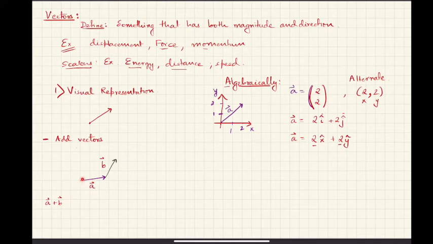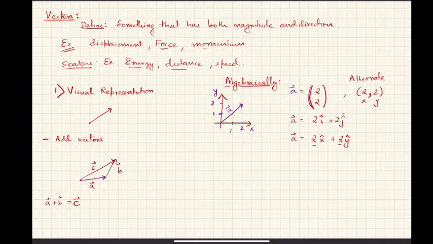So that's my starting point and that's my ending point. And so let me just move this away. And so the final vector is going to look like that. Okay, and so that's my c vector.